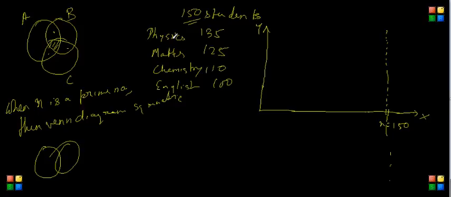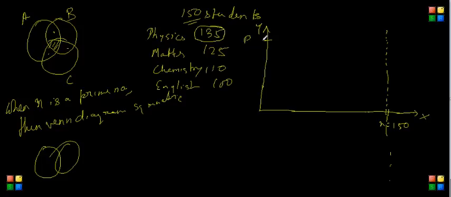Let me represent the first variable. Let's say I start with physics, and P denotes the same, and let's consider the line y equal to P, and on that I will take a line segment of length 135.